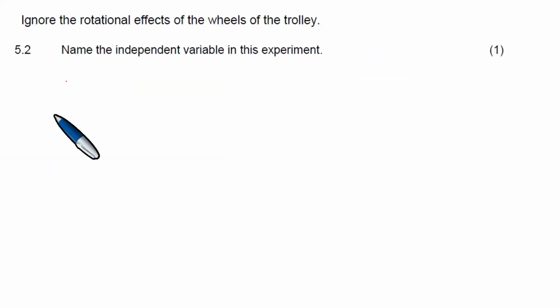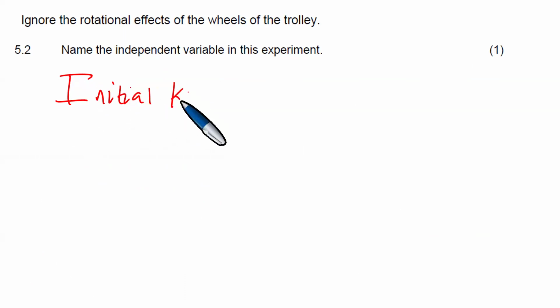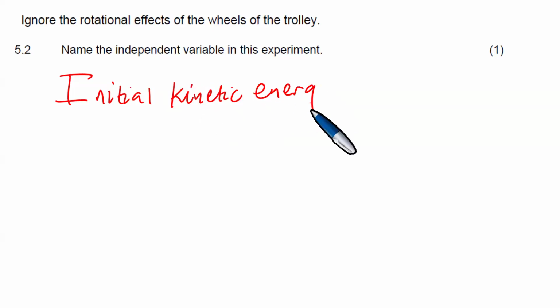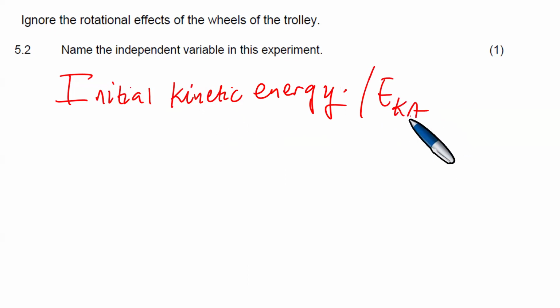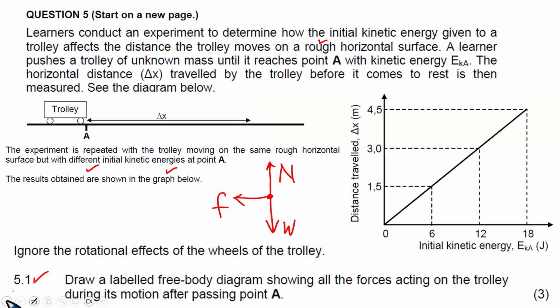So your initial kinetic energy is what these guys were changing, or you can say it is EKA. They were giving it more push, but they could also give this trolley less push. If you push it a lot and it moves faster, by the time it reaches A it is faster, then it's going to reach this point there. But it could potentially be slow as well.